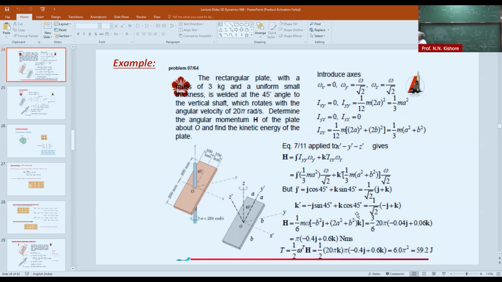First of all, we need to find out the inertias. I think it's a small exercise for you. So finding out all these, x prime, y prime, z prime. And the choice of x prime, y prime, z prime is because they are the principal axes of inertia, so the inertia terms are very simple.